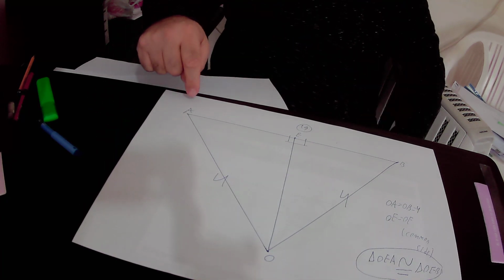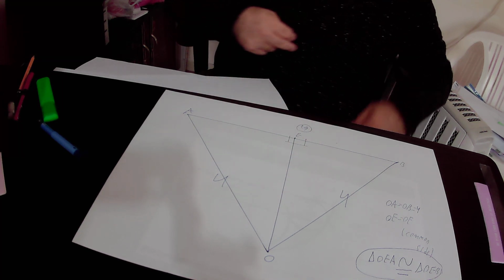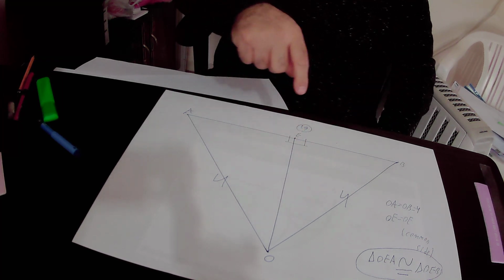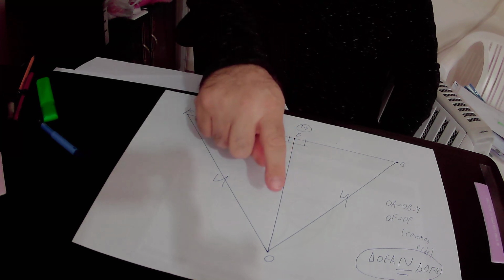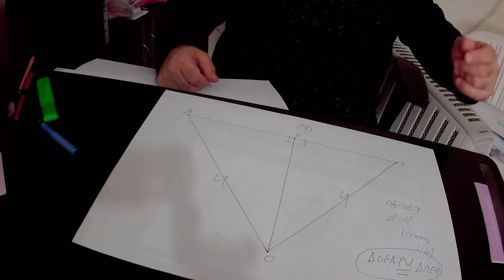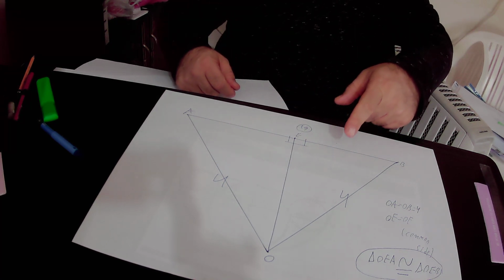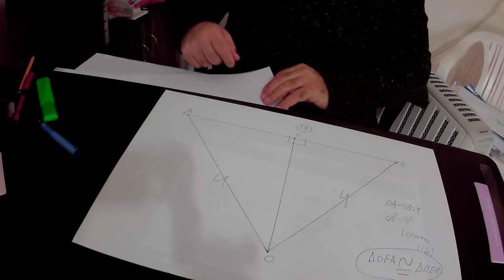Because first of all, we know that OA equals OB equals 4 units. And OE is a common side that belongs to both triangles, so OE equals OE. So by proving those two things, we proved that triangle OEA is congruent to triangle OEB according to rule number 6.